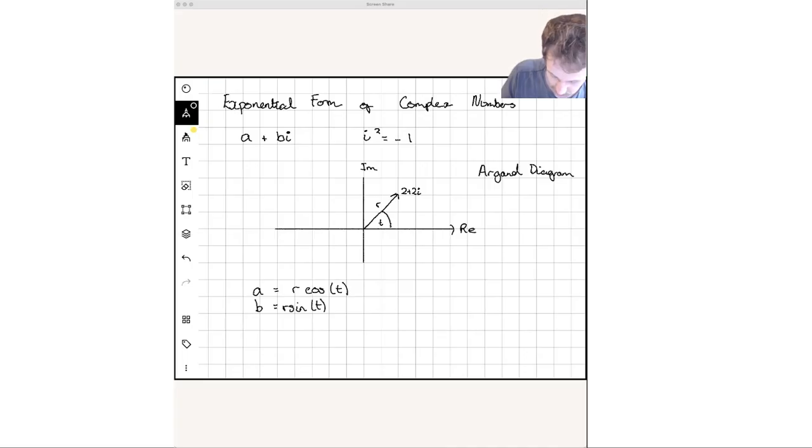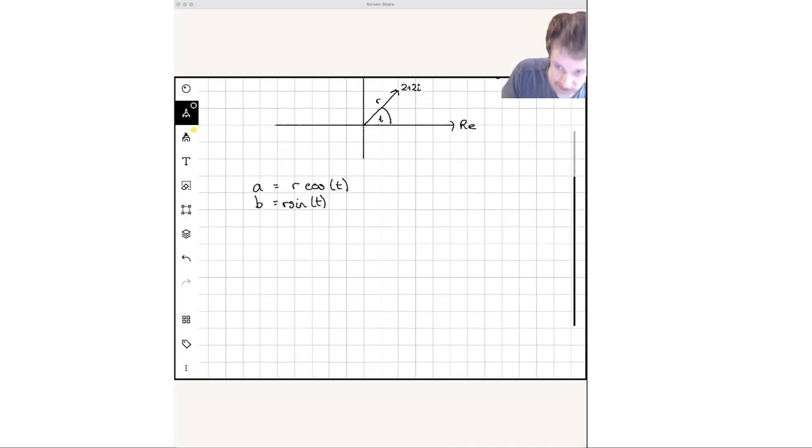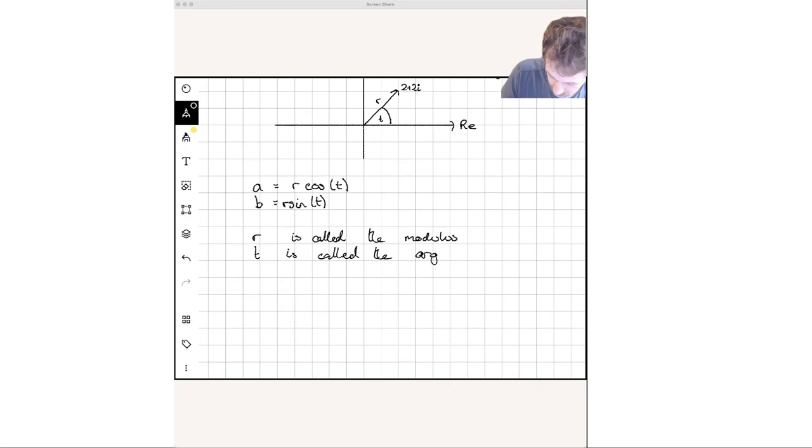Now, these r and t have special names. r is called the modulus, and t is called the argument. But really, you can think of r as being the length of an arrow, and t as being the angle the arrow makes to the positive x-axis.